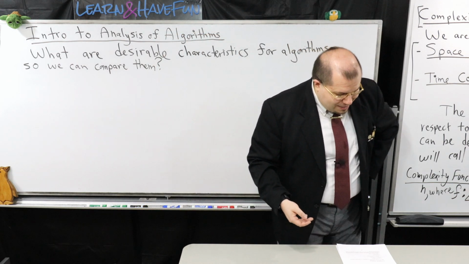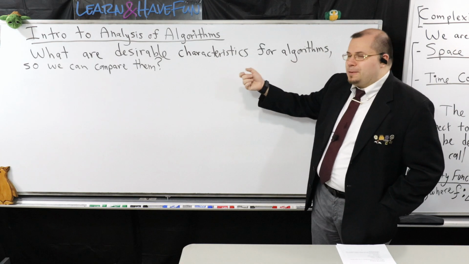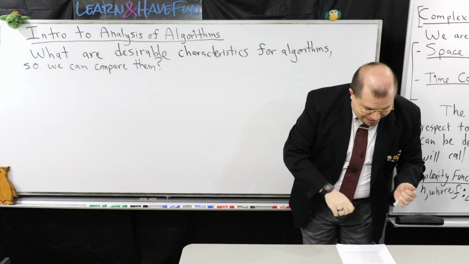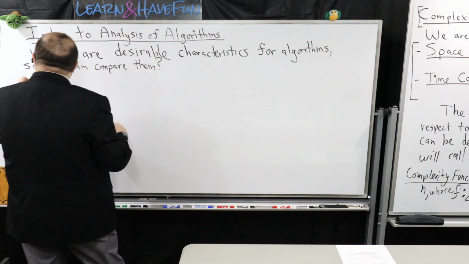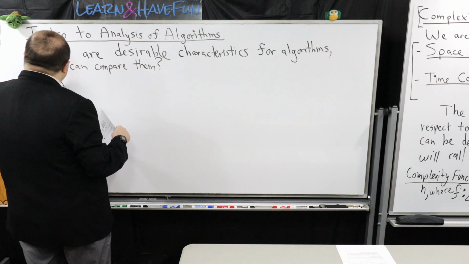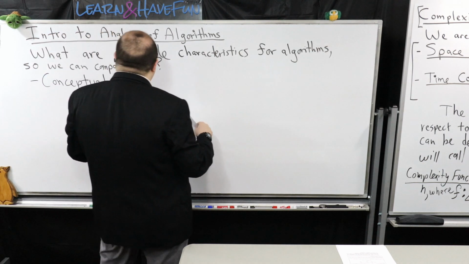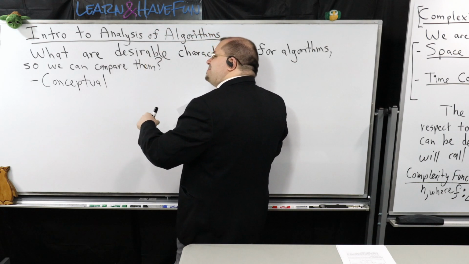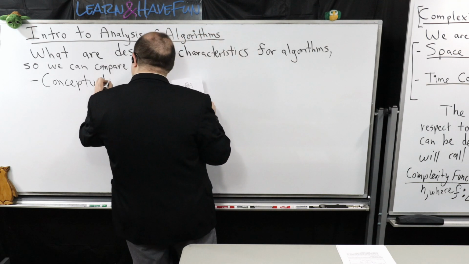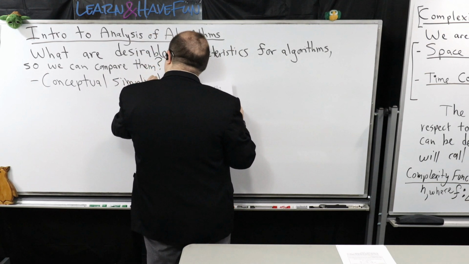So can anybody think of any things that might be desirable characteristics for an algorithm that we can compare? I technically gave you one idea: conceptual simplicity is one. Does anybody else have any ideas of what other characteristics an algorithm might have that we can compare between two, to say, oh, I like this one, it seems better than the other one?